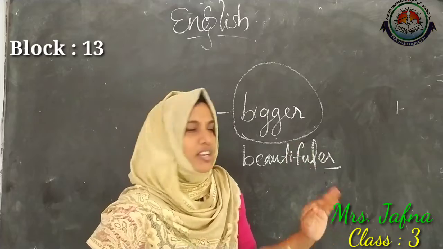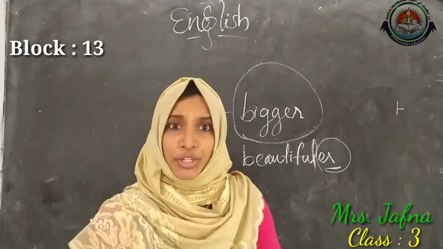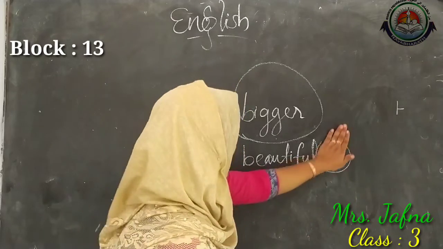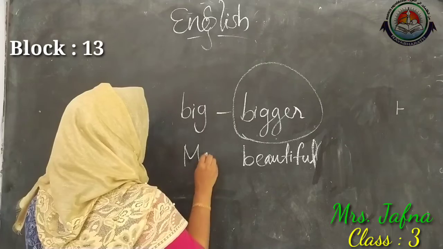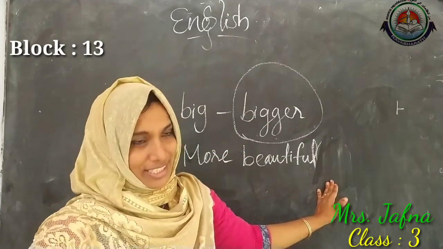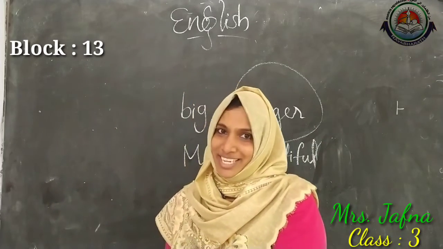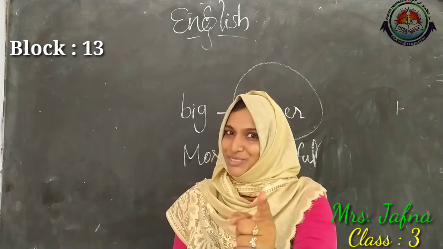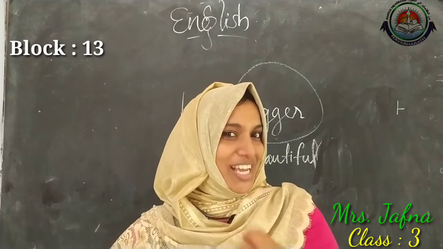Because some words we cannot add er to. Then what will we do? For these words we have to add the word more, like more beautiful. It looks more beautiful than this one. Or, I am more beautiful than you.